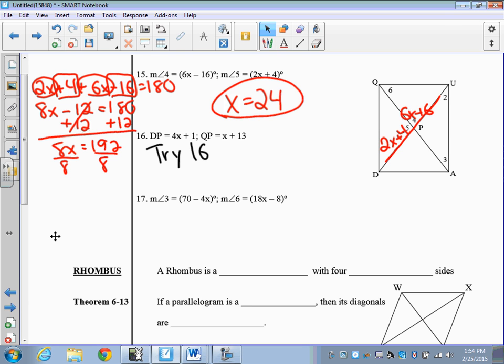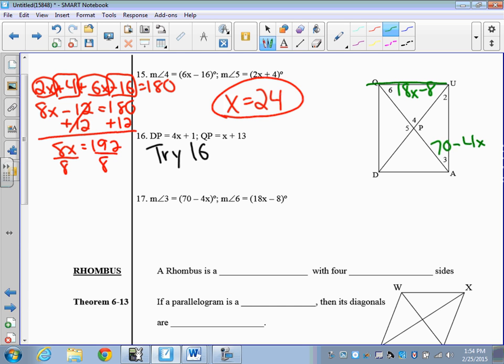And for 17, we have the measure of angle 3 is 70 minus 4x. And the measure of angle 6 is 18x minus 8. This one's a little bit trickier. You have to remember some things about parallel lines. It's a rectangle, we have parallel lines.